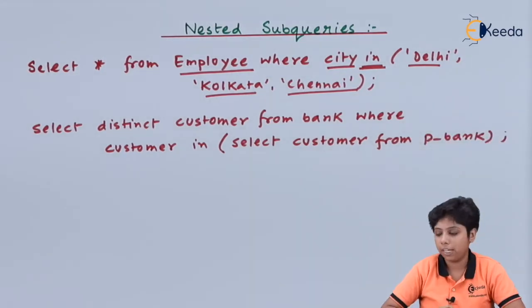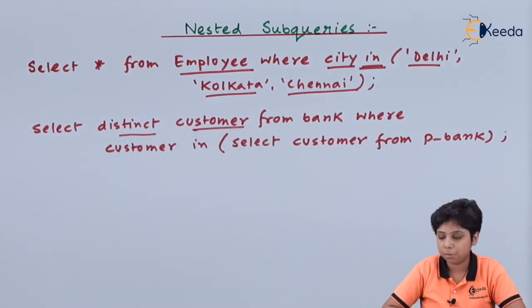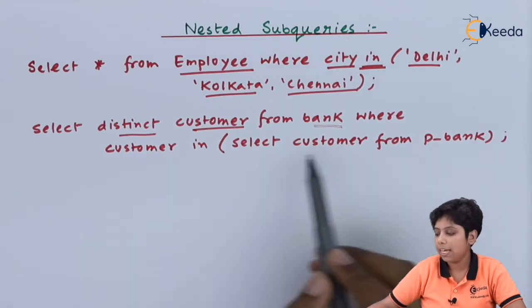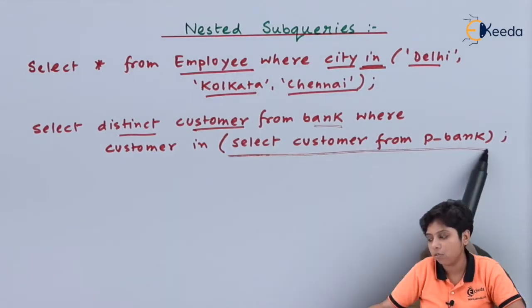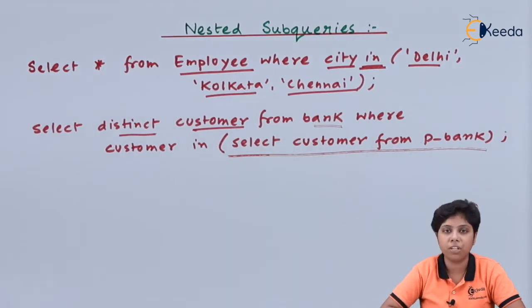Now we are using distinct customer, that is, a unique customer name in the bank, where the customer name should lie in the result of another query, which is a simple one, that is, the customers from the previous bank. Now we will make it more complex by making the subquery itself complex.